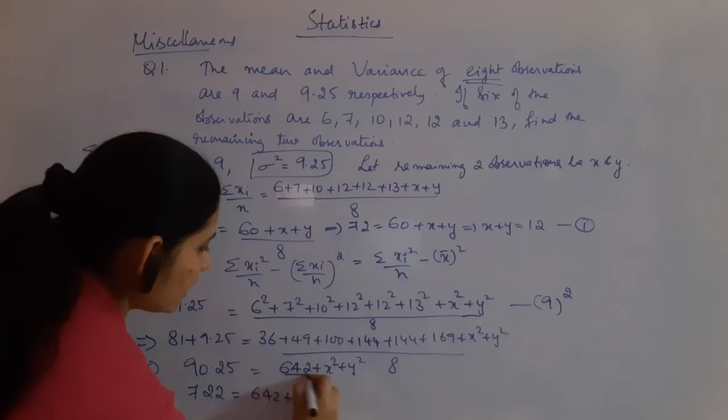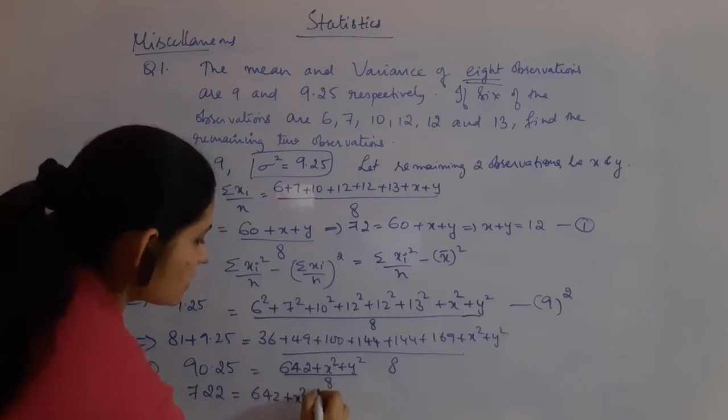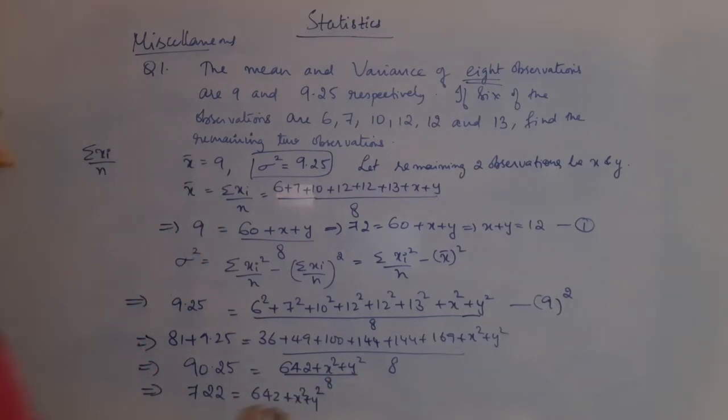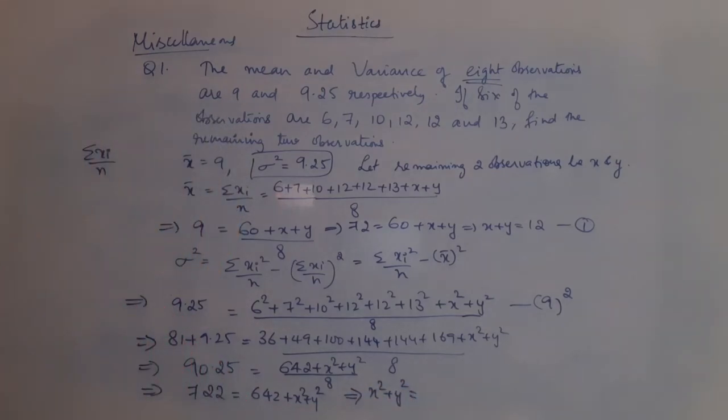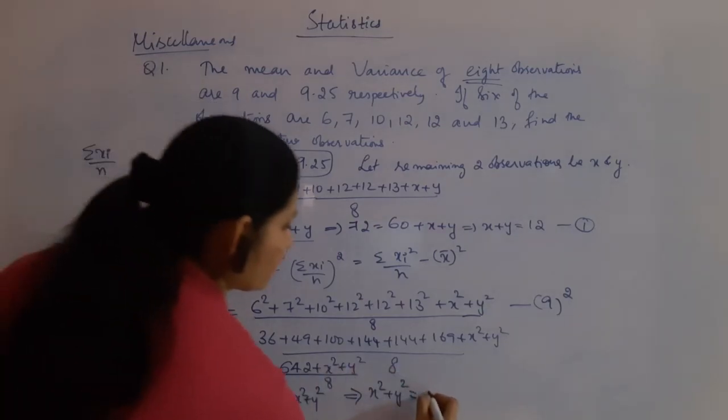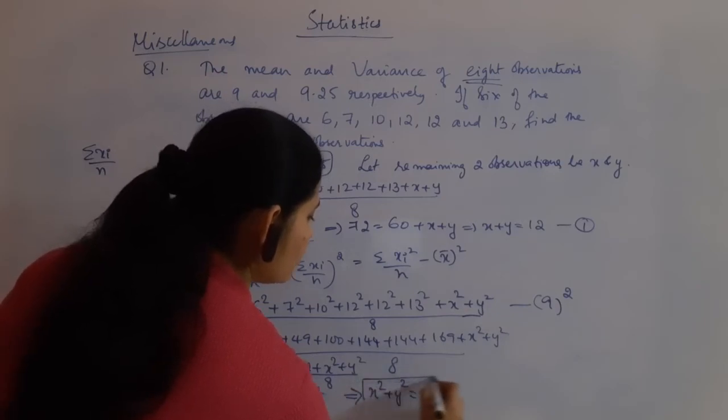So that you are getting x square plus y square is equal to 722 minus 642. How much? 80. So one more equation containing x and y you got.